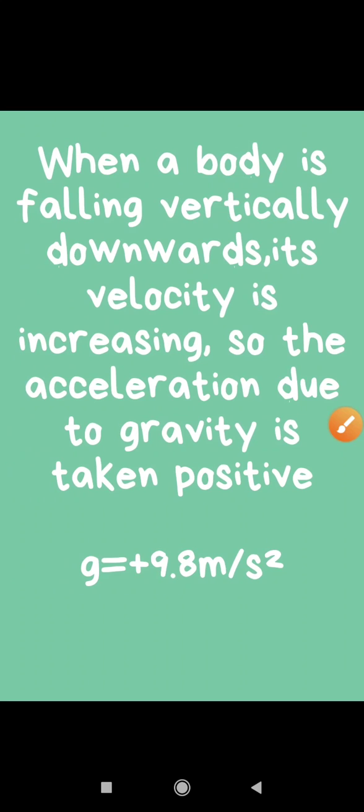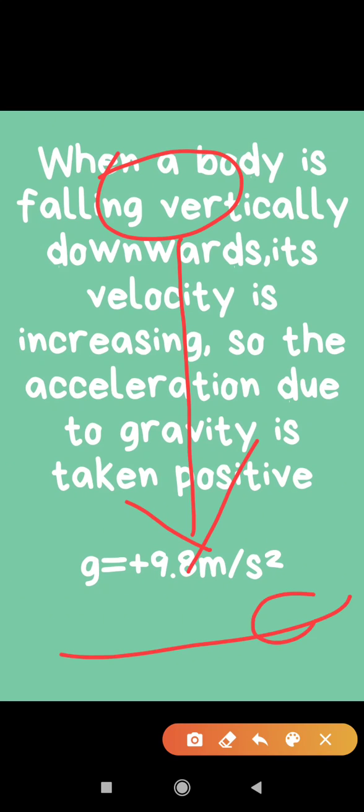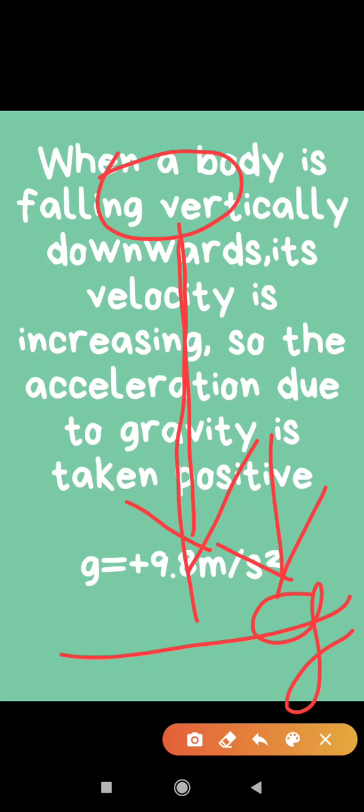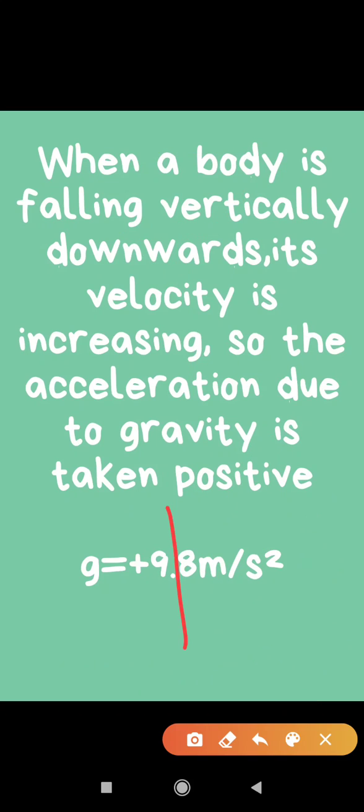I will explain this further, like when a body is falling vertically downwards. Suppose this is the surface of the earth, and gravity already pulls all objects near it towards its center, and the object is also coming in the same direction, so the gravities will add.